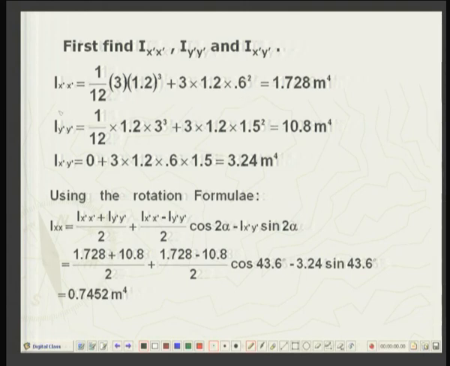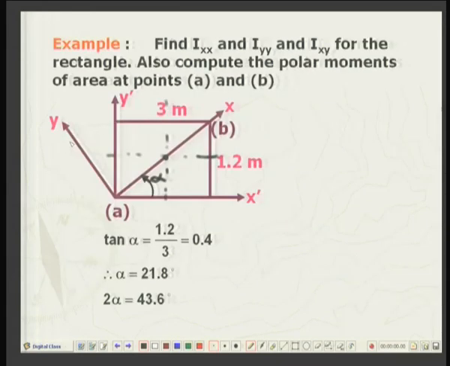Similarly, Iy dash y dash, that is the second moment of area about the side. So, again we will have BD cubed by 12. Now, B is the width 1.2 times D, depth, is 3 cubed by 12 plus, by parallel axis theorem, area times the distance squared.